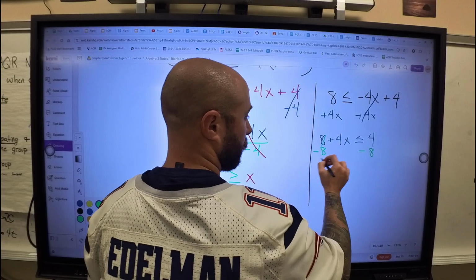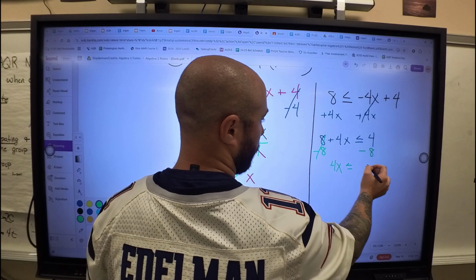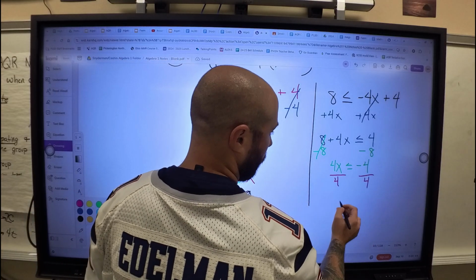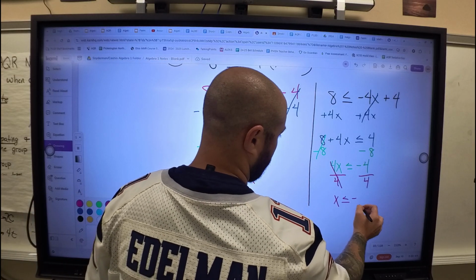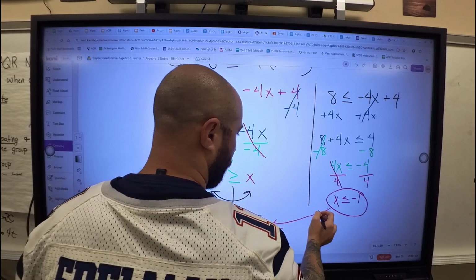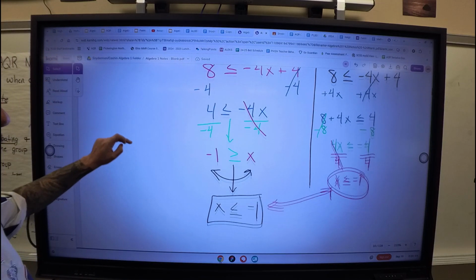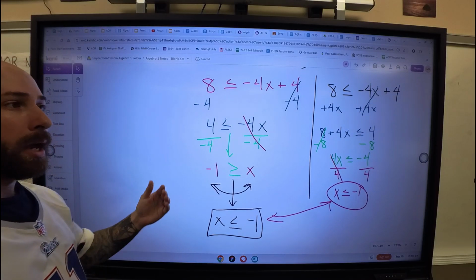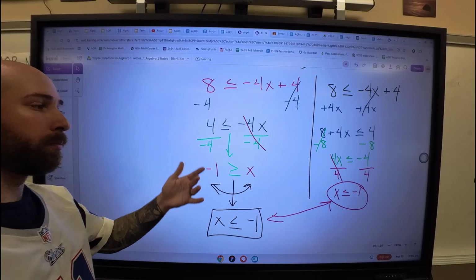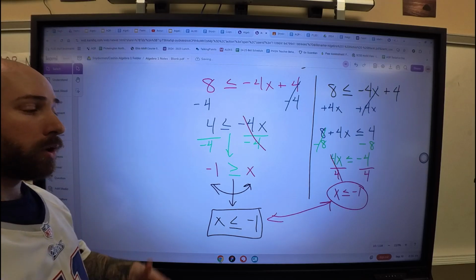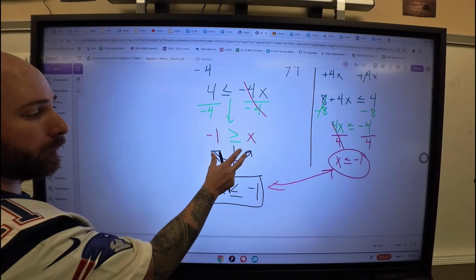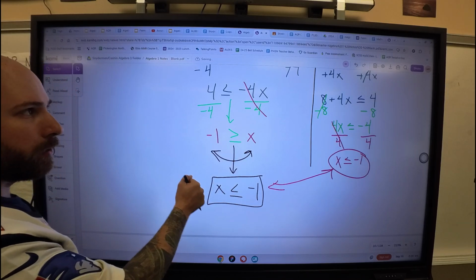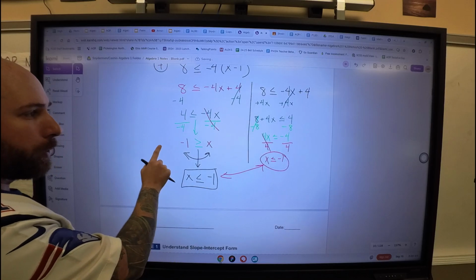Subtract 8, get 4x is less than or equal to -4, and then divide by 4 to get x is less than or equal to -1. Again, both answers ended up being the same. It just depended on which side was our variable on at the beginning of when we were solving our multi-step problem, okay? So both are correct. You just have to remember on this version over here to flip at the end to get your x on the left-hand side.